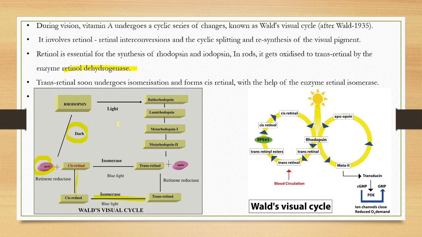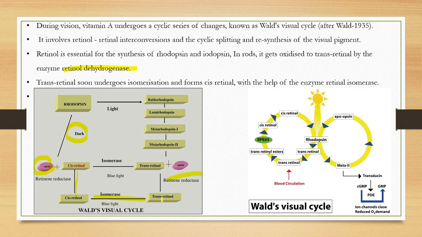This happens when light falls on the rod cells. Rhodopsin goes to bathorhodopsin, lumirhodopsin, metarhodopsin 1, metarhodopsin 2, which is converted to two products, trans-retinal and opsin. Trans-retinal is converted to trans-retinol by this enzyme.